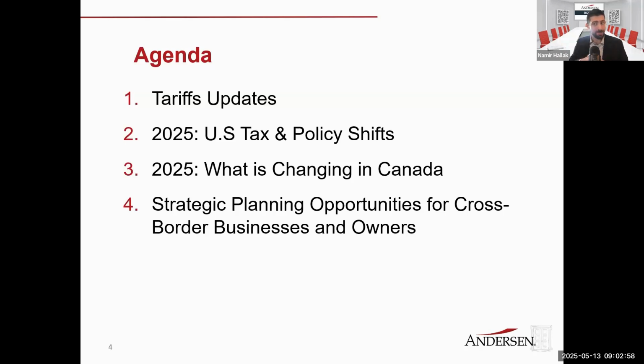There's been a major update that happened yesterday, so for those of us who are closely watching U.S. tax, what does that mean for you? And then our third stop will be looking at some significant changes on the Canadian tax front, as Atif will lead us through that. And then we're going to wrap up our journey across this landscape by discussing planning opportunities and strategies for cross-border businesses and owners.